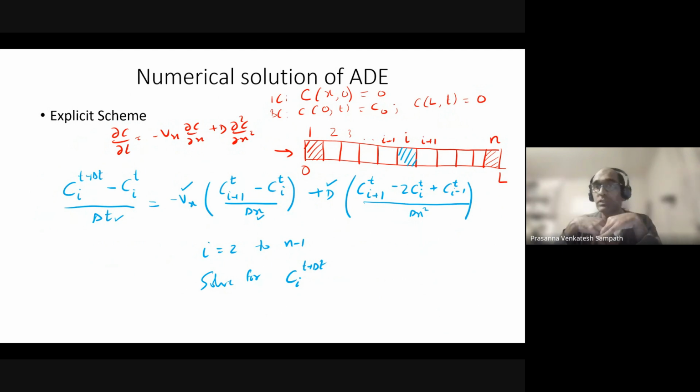So we write this equation that I've written over here, which is the numerical approximation of the partial differential equation. Please keep in mind the original partial differential equation is dou c by dou t equal to minus vx dou c by dou x plus d dou square c by dou x square. That is the original equation that we are trying to solve. But I cannot solve that equation unless I break up my domain into these discrete boxes, and then write the equation in a numerical form.